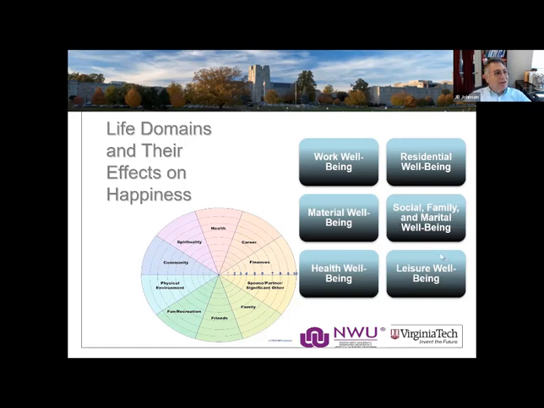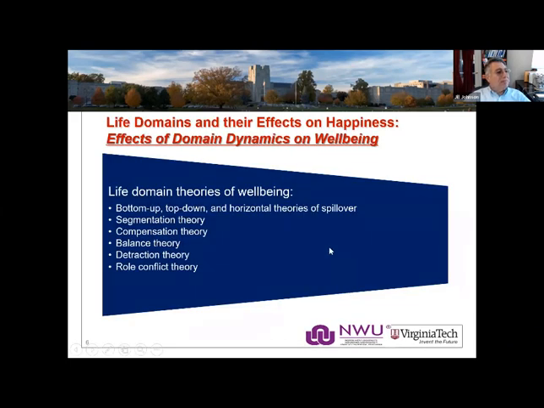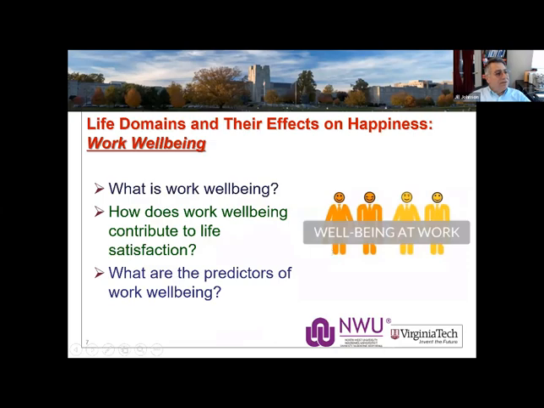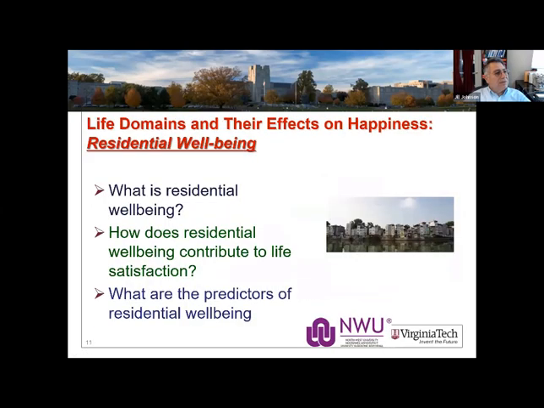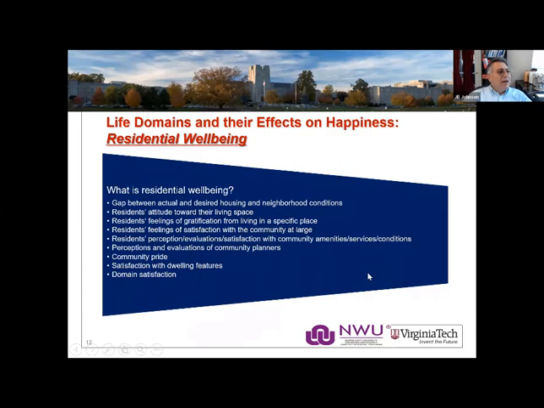So let's start out with, this is what we did so far. And here we will start with residential well-being. Now, what is residential well-being? There are three major dimensions related to residential well-being.